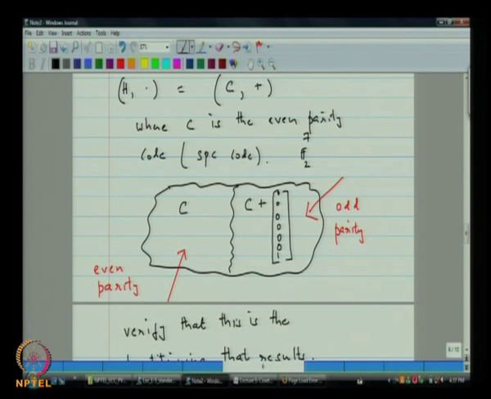There we saw that the whole set of all 7 tuples was partitioned into equivalence classes, and the equivalence classes were either the even parity or the odd parity, and of course the number of even parity vectors is equal to the number of odd parity vectors. Okay, and this similar situation is true in general.